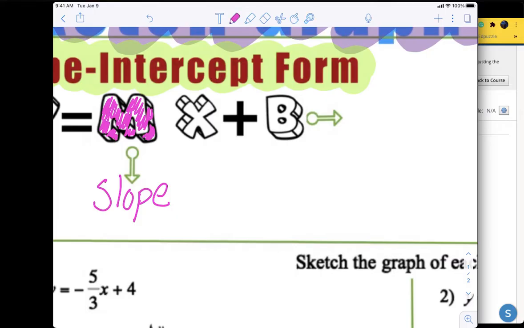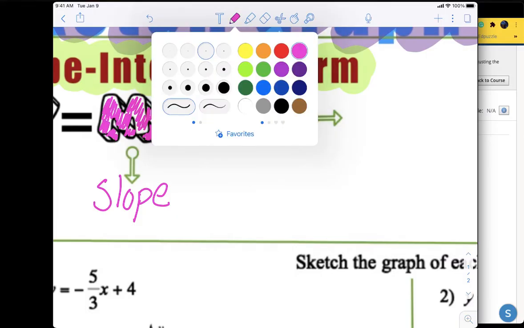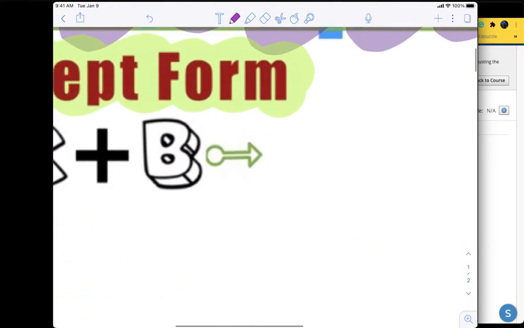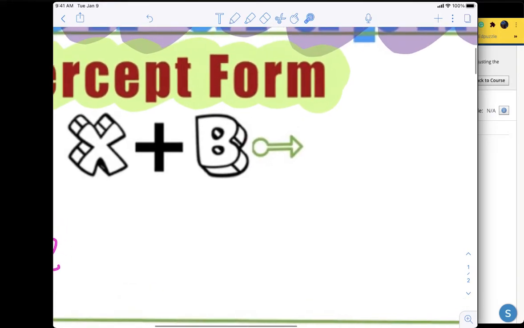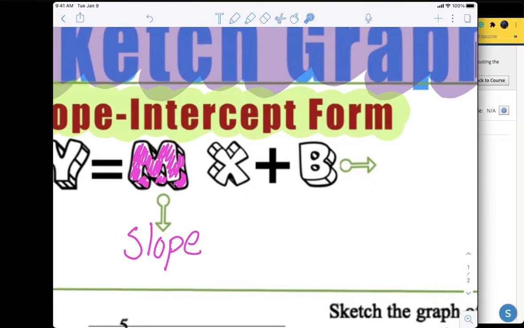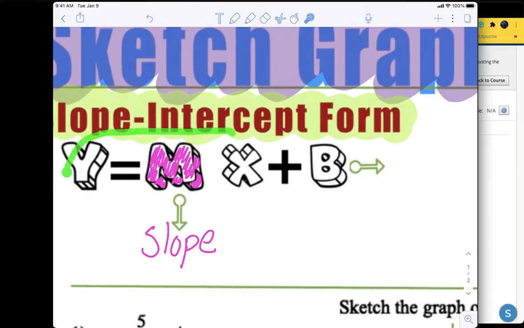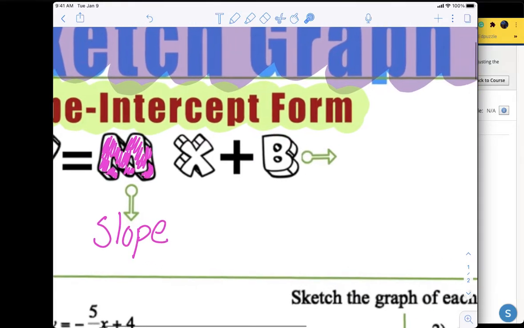So the second thing that we notice here is b. Where is b? Well, b is at the end of the equation. Y is the beginning of our equation, and b is at the end of the equation.